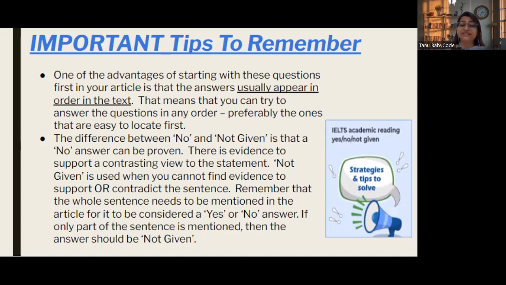Remember that the whole sentence needs to be mentioned in the article to be yes or no, right? If only part of the sentence is mentioned, then the answer should be not given. Clear? So please carefully understand what is no and what is not given.